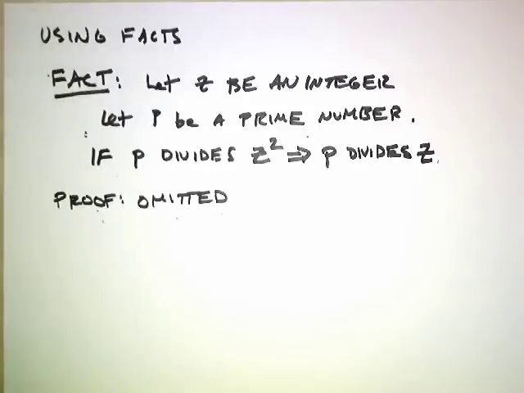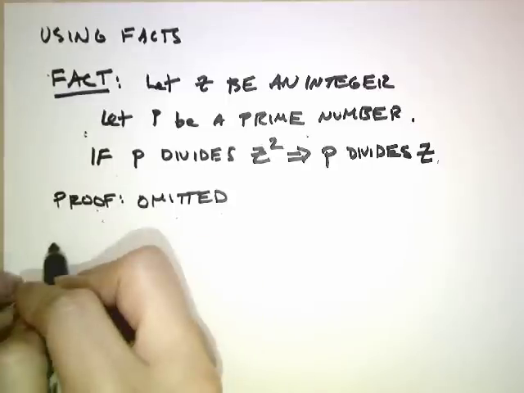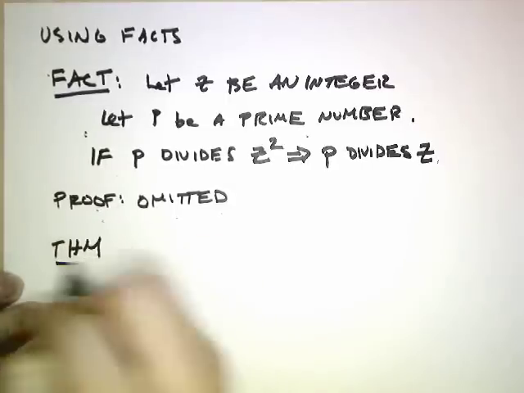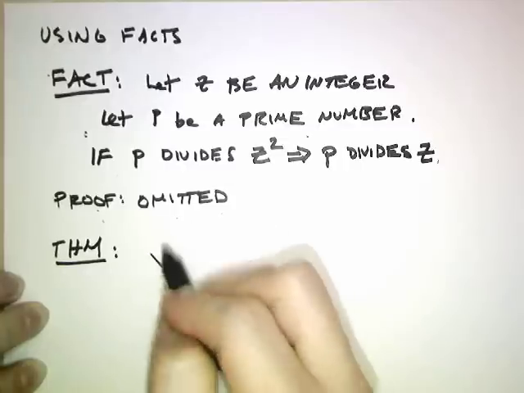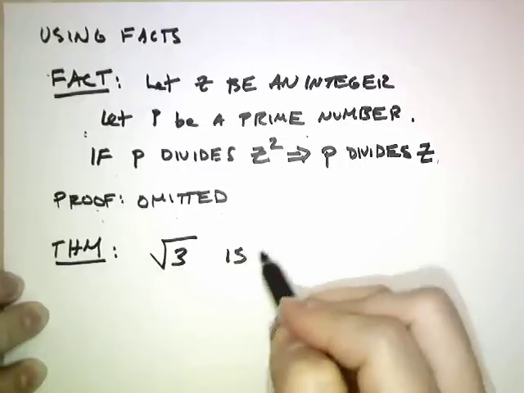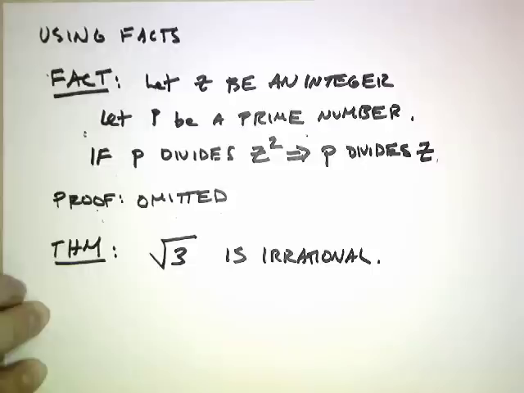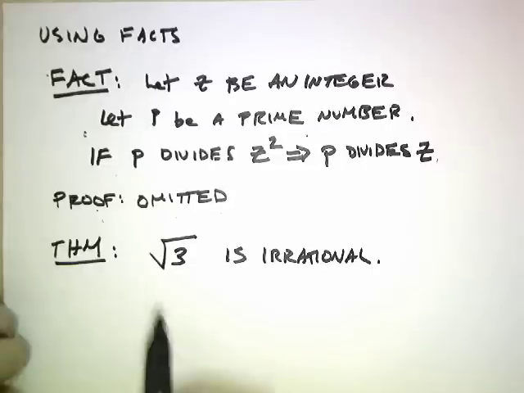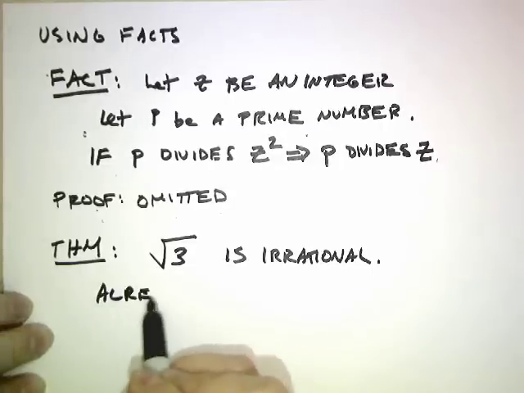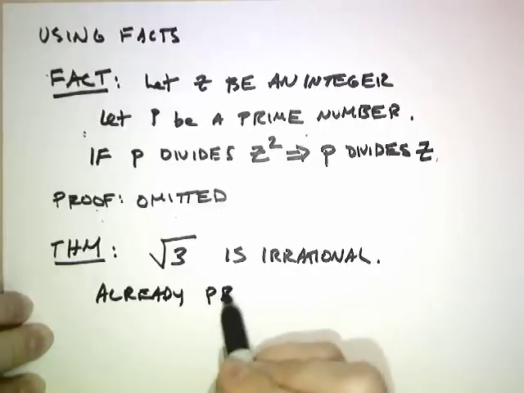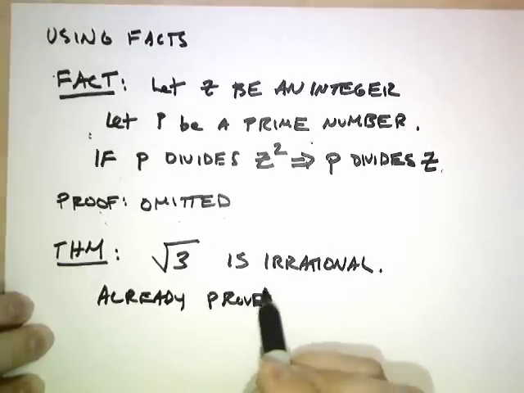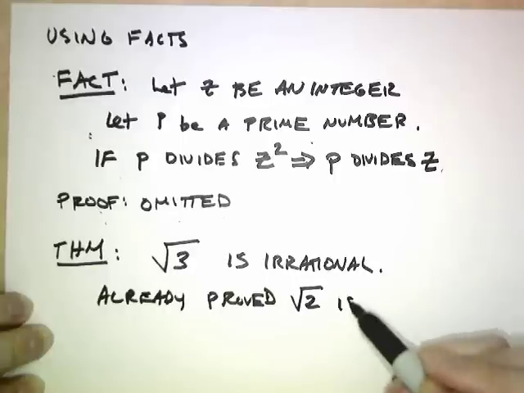Well, what theorem are we going to prove using this fact? We're going to prove the following theorem. We're going to prove that the square root of 3 is irrational. Now remember, in a previous video we already proved that square root of 2 is irrational.